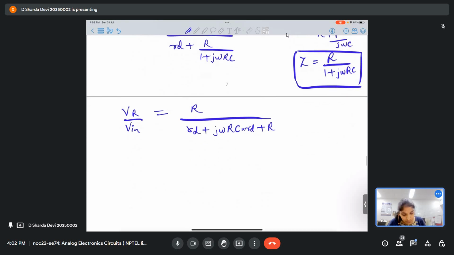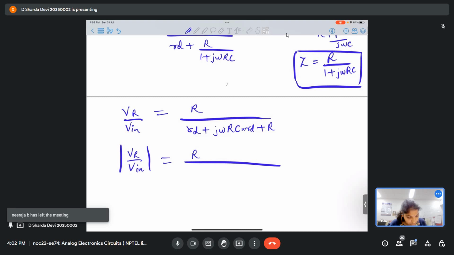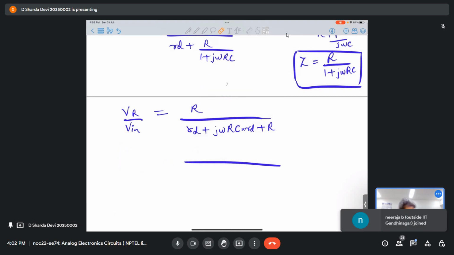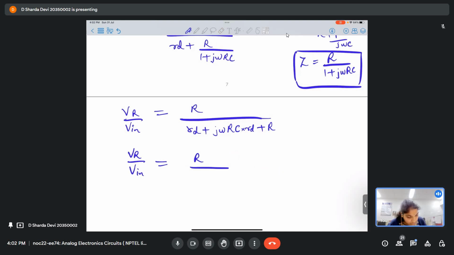So if we take the mod of VR, this is basically R upon... okay, let's take out the common things first, so it will be easier and simpler to solve. Taking out R from the numerator, we'll be left with 1, and from the denominator let's take out R plus Rd.